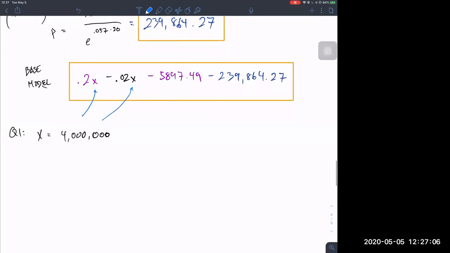Okay, good. For question number 2, I ask you, what are the differences between the first and second models respectively?